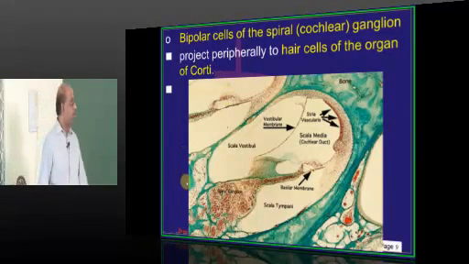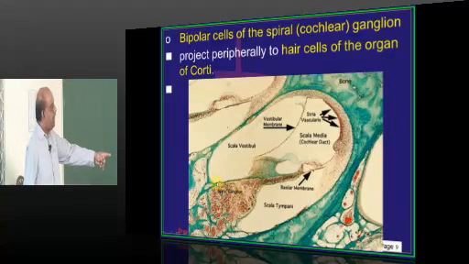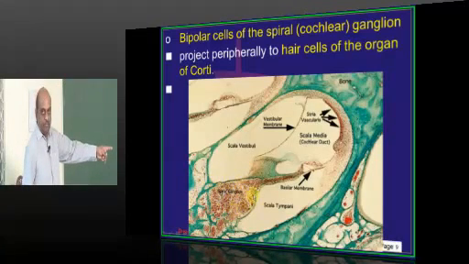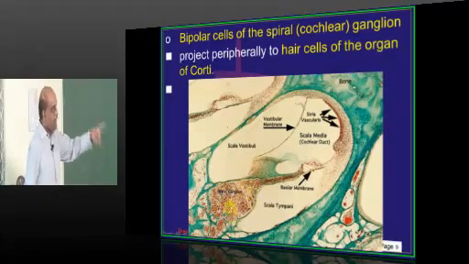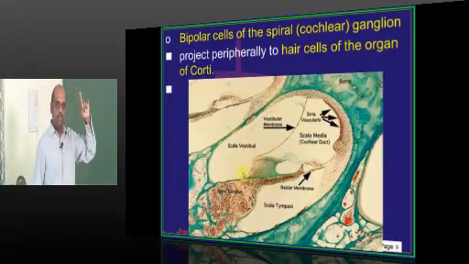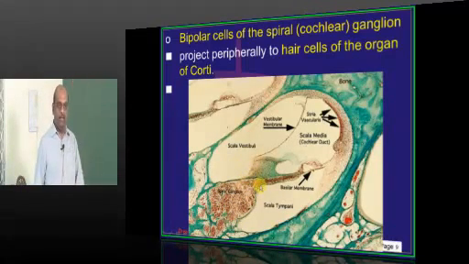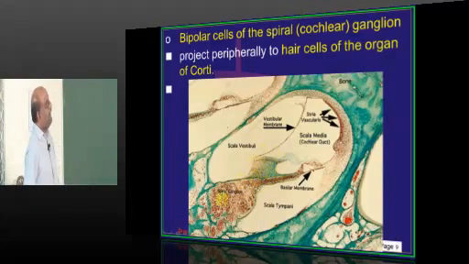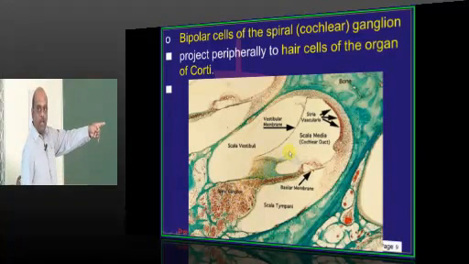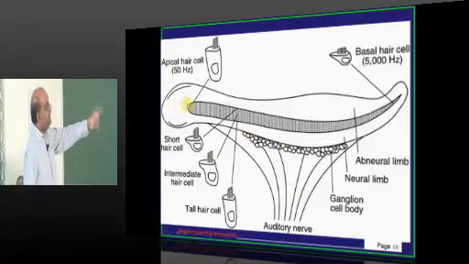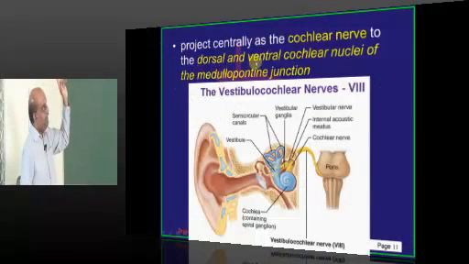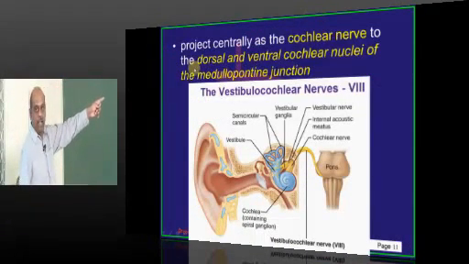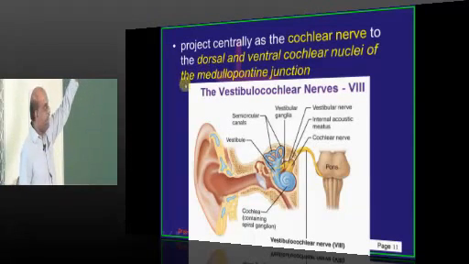Then all of them, where are they reporting, doctor? The spiral ganglion. From the spiral ganglion, your cochlear nerve will arise and continue towards the brain. So the bipolar cells of the spiral ganglion project peripherally to the hair cells of the organ of Corti and centrally through the cochlear nerve to the cochlear nuclei located in the medullopontine junction.